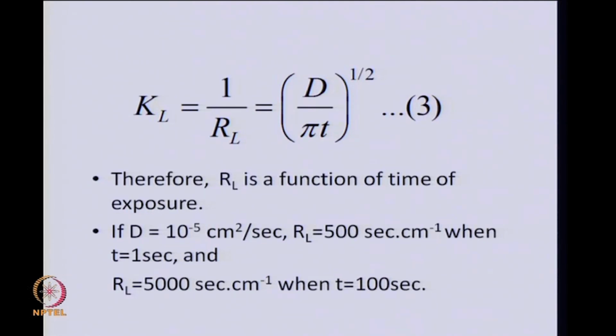I had given you this value as one of the representative values for liquid phase resistance. However, if the time of exposure is as large as 100 seconds, a 100 fold increase, then as expected from this dependence R L proportional to root t, there is a 10 fold increase in this resistance. So, 500 becomes 5000 seconds per centimeter.